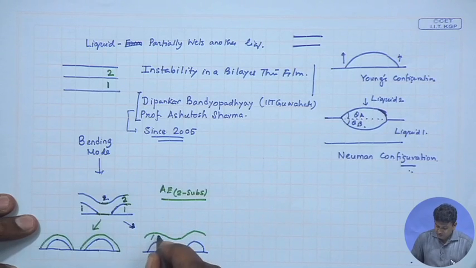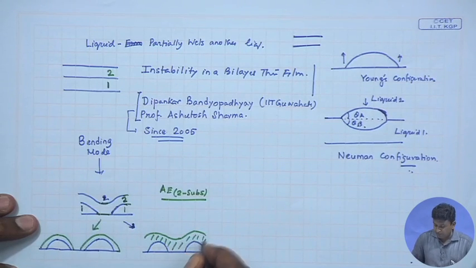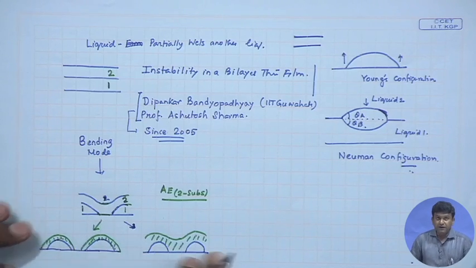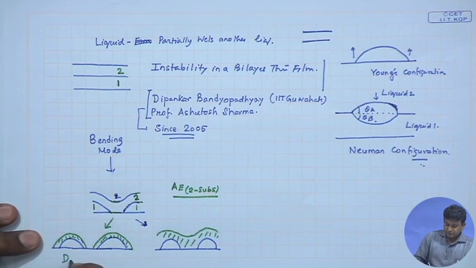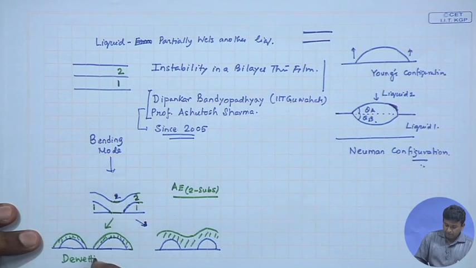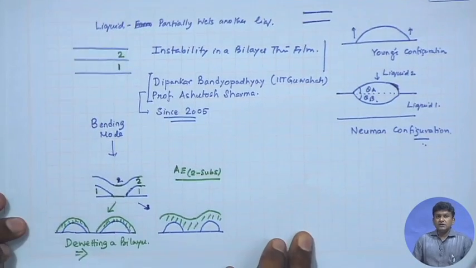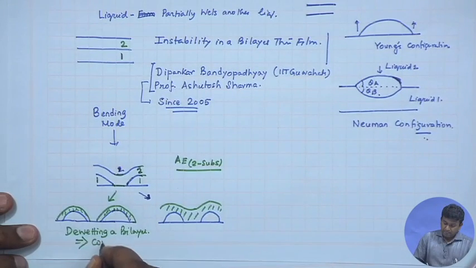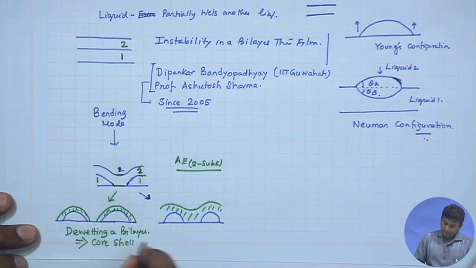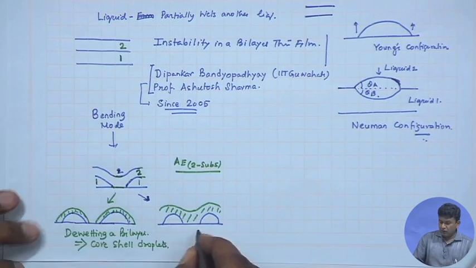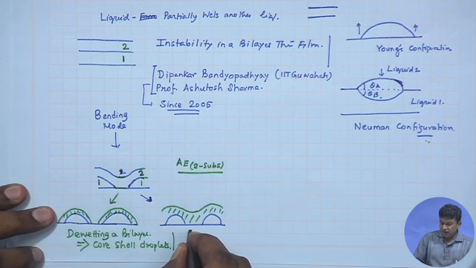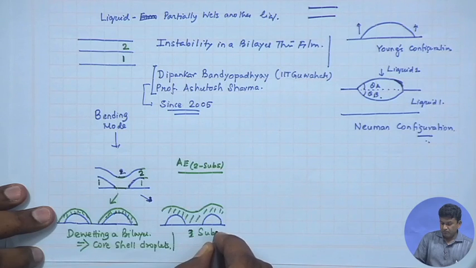Either of which from the standpoint of fabrication is very exciting, because see here, by simply dewetting a bilayer, one has led to some core shell droplets. And here one has led to some submerged droplets.